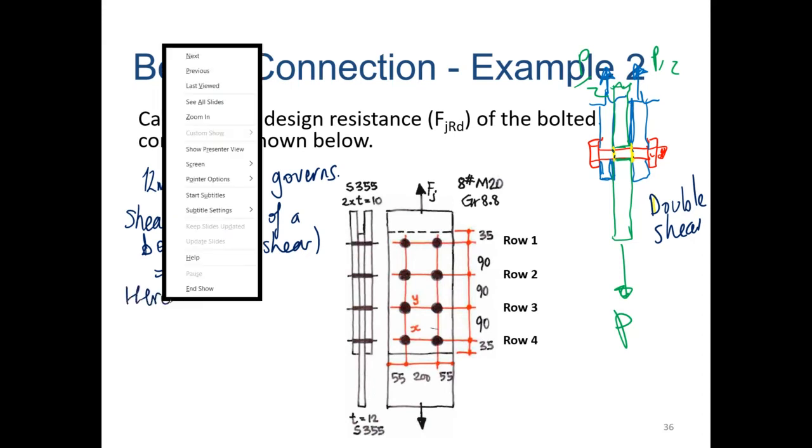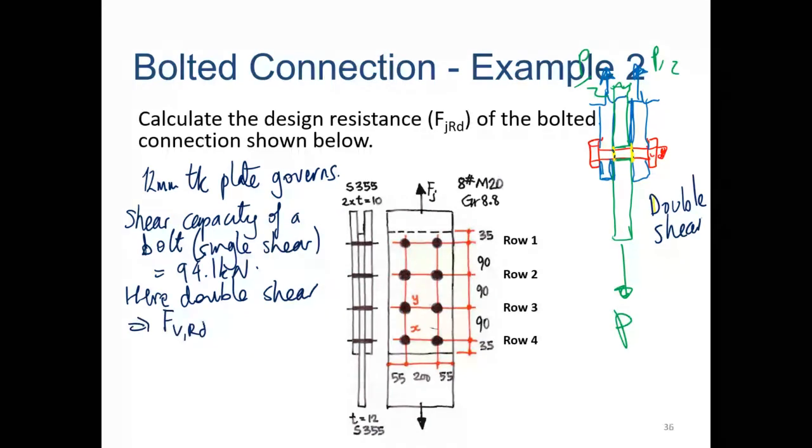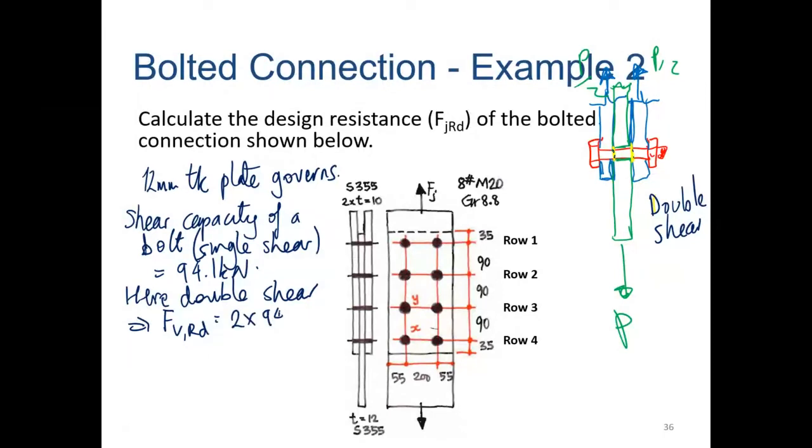Here we have double shear, which implies V_Rd equals 2 times 94.1 kilonewtons per bolt, which is 188 kilonewtons per bolt. Okay, so that's the shear check in there.